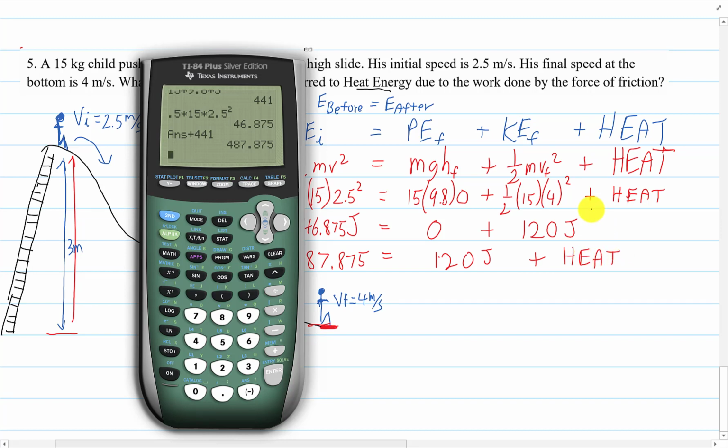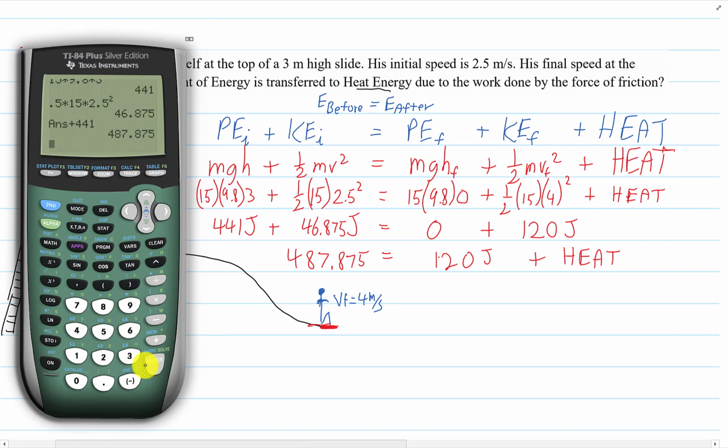Now, if there was no friction, then his kinetic energy would have to be 487.875, which means his velocity would be a lot more than 4. But as slides go, there's a lot of friction on them. Unless you sit on a skateboard on a slide. Don't do that, it'll hurt. So I now have to subtract this 120.